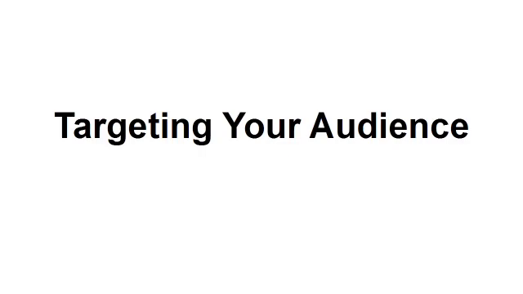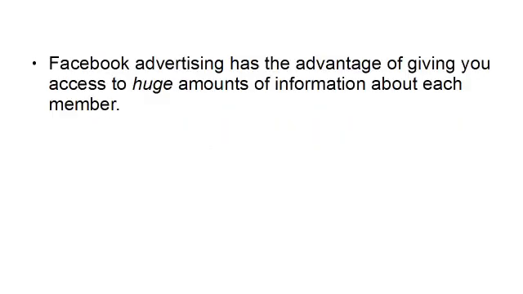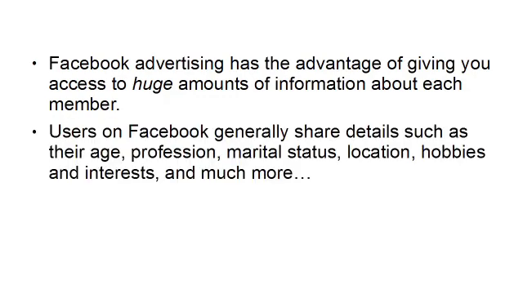The massive benefit of Facebook ads compared to other forms of online advertising is the ability to target your audience strategically and very, very carefully. And Facebook advertising has the advantage of giving you access to huge amounts of information about each member.